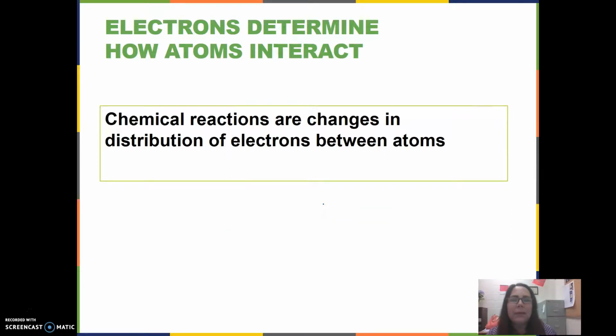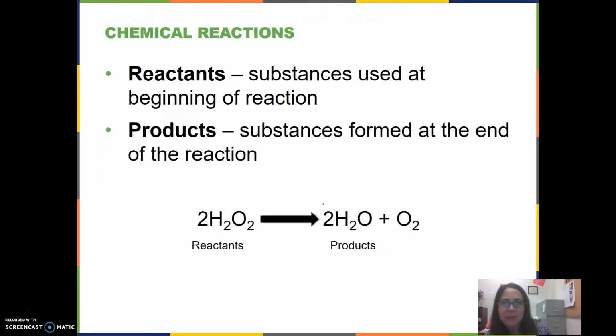All right, and talk about chemical reactions, because chemical reactions occur in order that atoms can become stable, so that atoms will fill their valence shells or their outer energy levels. In chemical reactions, you have reactants, and these are the substances that are present at the beginning of the reaction. In a recipe, we would call them ingredients.